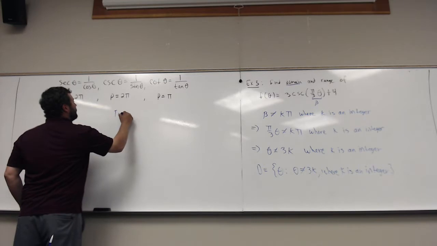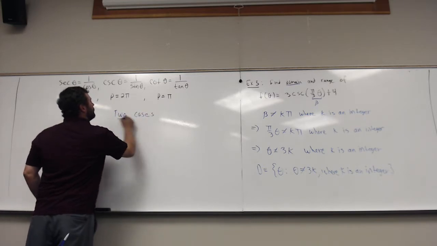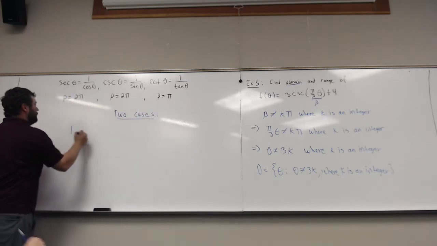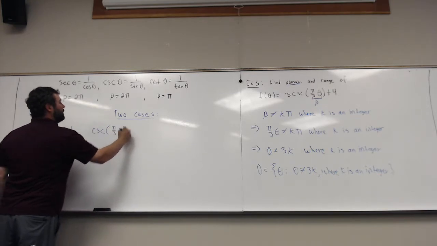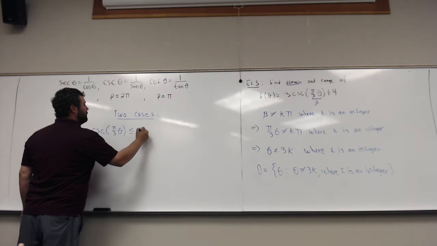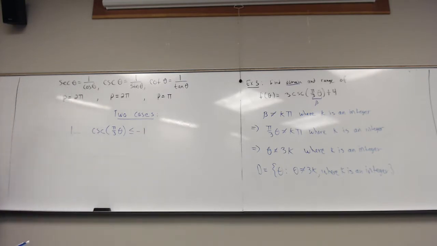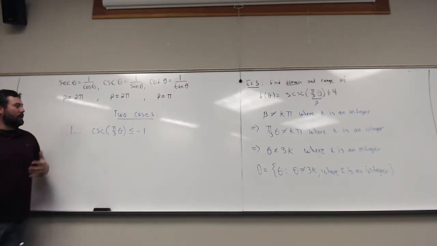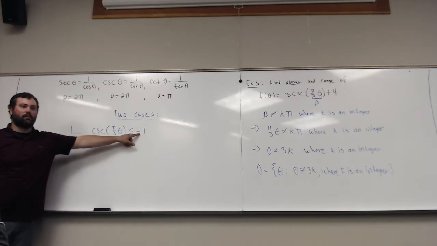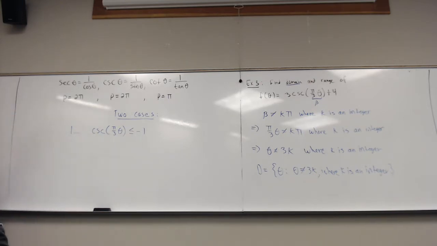All right, I'll write it this way. There's two cases. Okay, the first one, we know that the cosecant of pi/3 theta has to be less than or equal to -1. So any output of cosecant, so cosecant of any angle, okay, the first case or the first piece of the range says we always have to be less than or equal to -1. Okay.